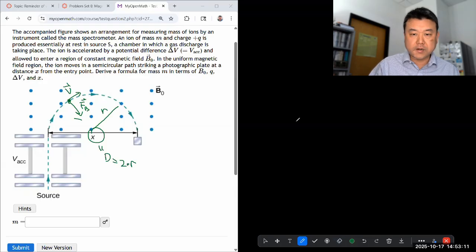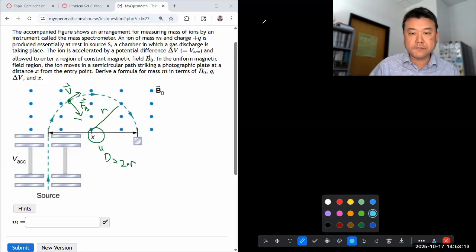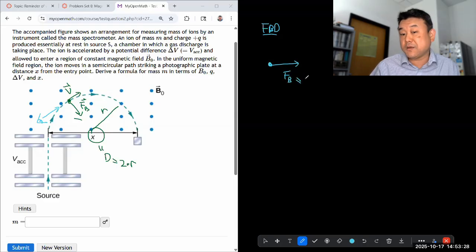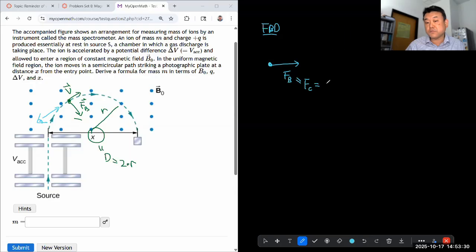So in this circular motion, if you are imagining a free body diagram that looks like this, from the vantage point of an observer looking from here, then I have a magnetic force that's pointed this way, and this should be my centripetal force, which from circular motion kinematics and Newton's second law is mass times v squared over r.